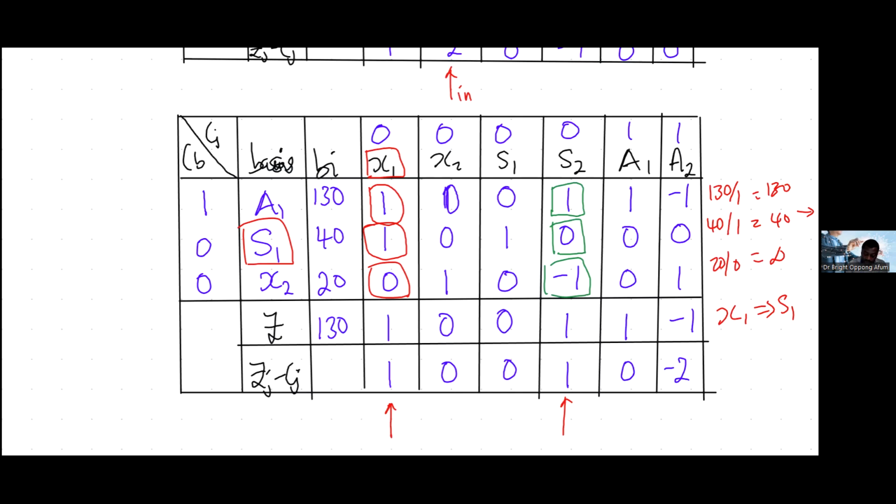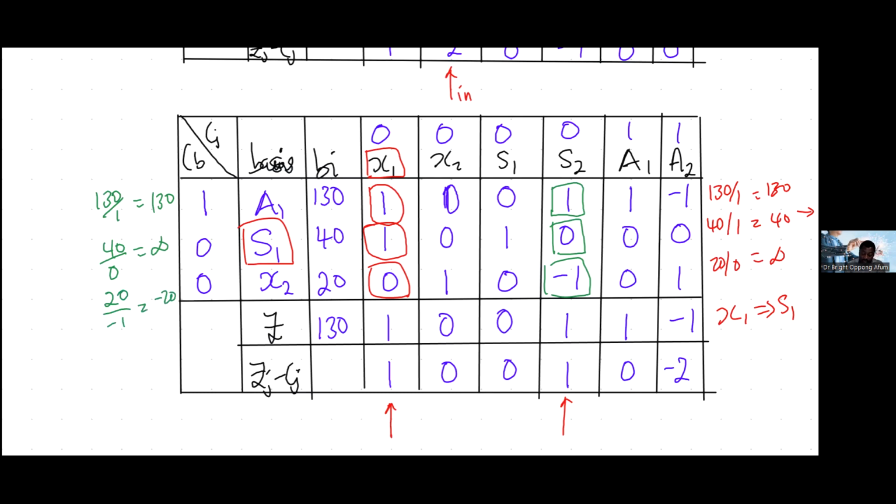We are going to have 130 divided by 1, which is 130. 40 divided by... was it negative? No, 0. Yeah, 40 divided by 0 is infinity. Then 20 divided by -1 is -20.